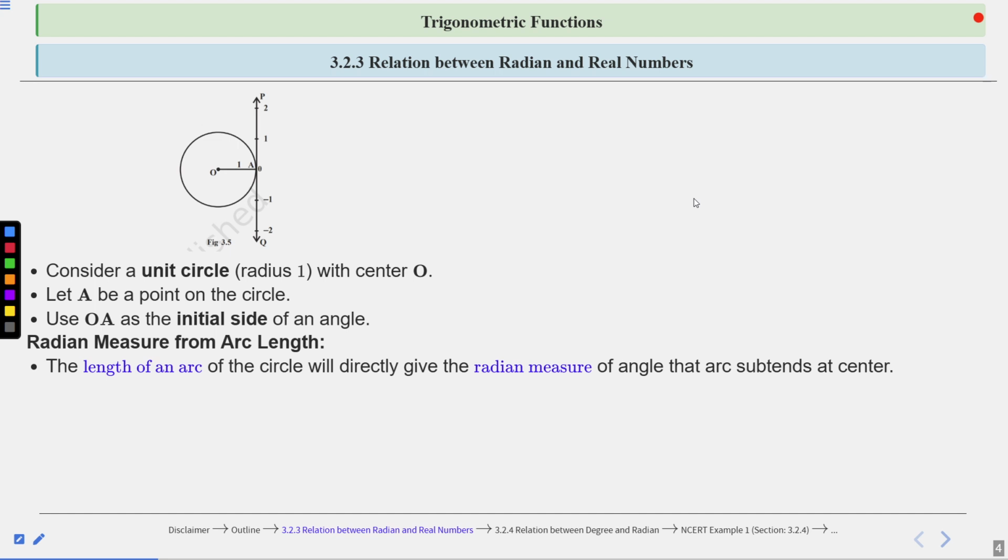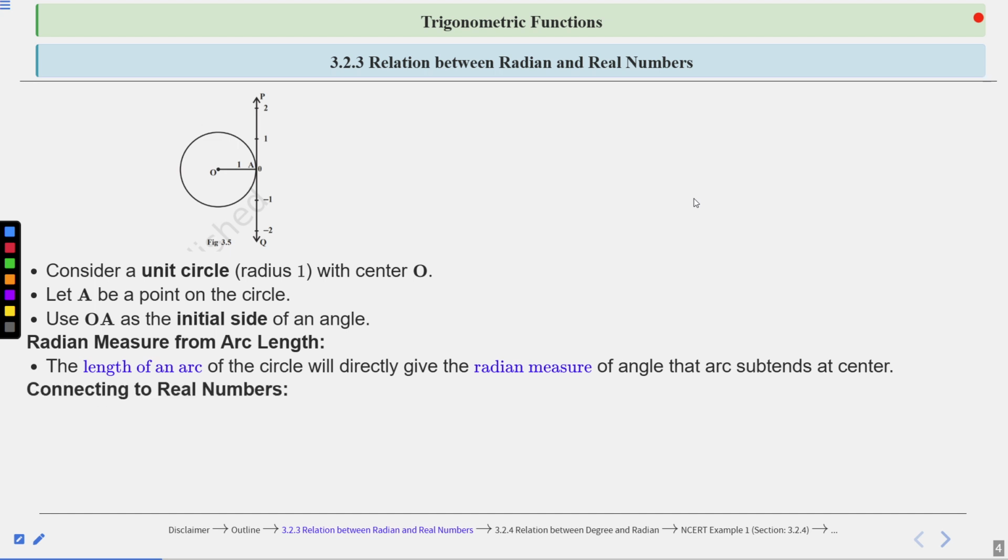Here we are considering a unit circle, meaning r is 1. So in this particular example, the arc length will directly give me the radian measure. Simple.